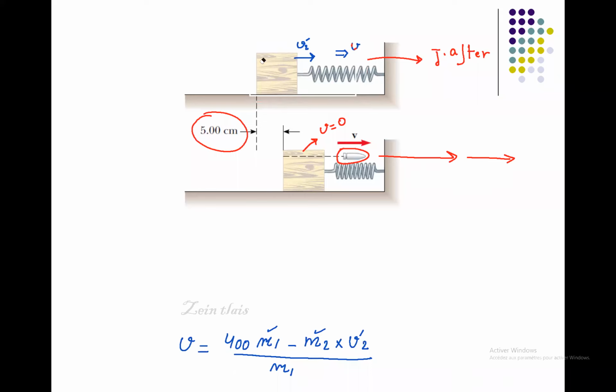Let's say here we have position A, and here we have position B. Between the point A, just after the collision, because at position A we have just before and just after, and the position B, where we have x maximum, x equals 5.